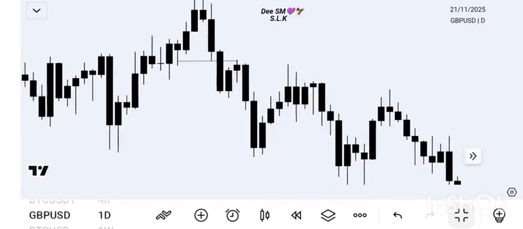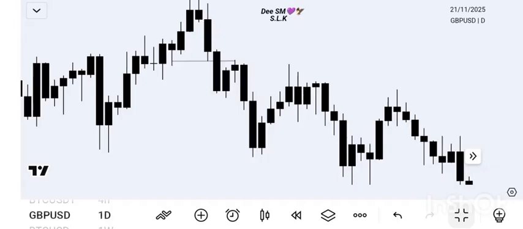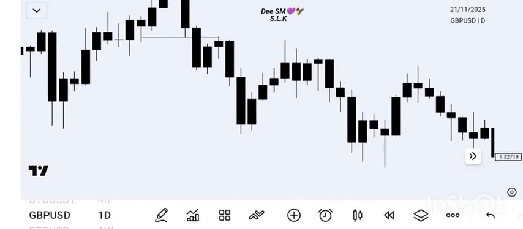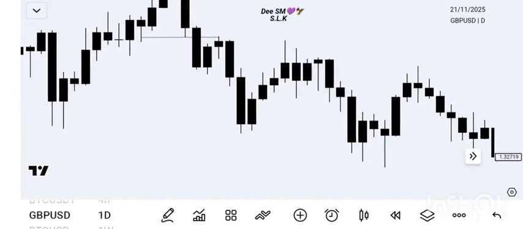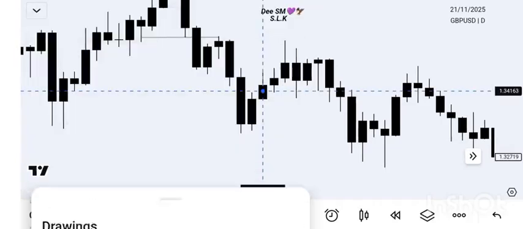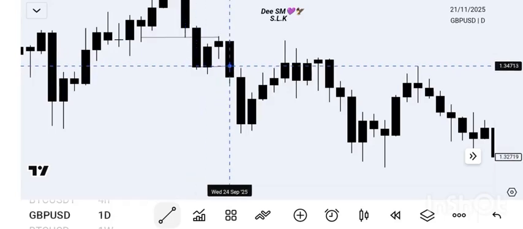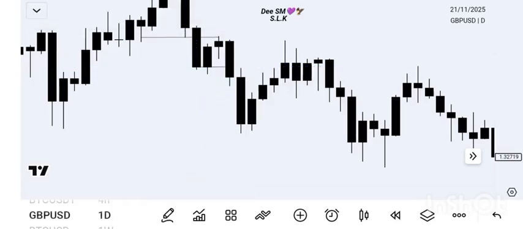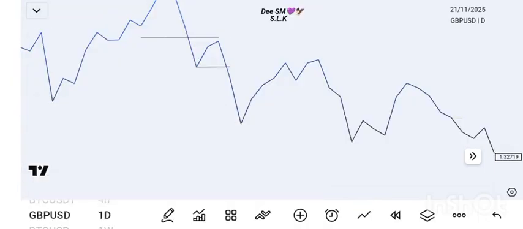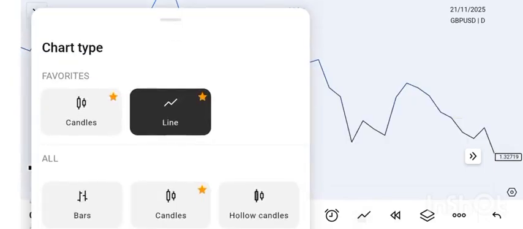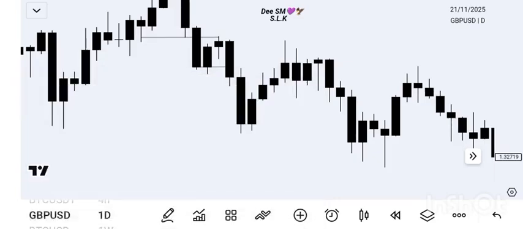Then the next day we come into the chart. What did price do on the next day? The price did something amazing on the next day. Price gave us a breakout again. Go to the line chart and see it for yourself. It was a breakout, and because it's a breakout, it's telling us that we are still bearish.